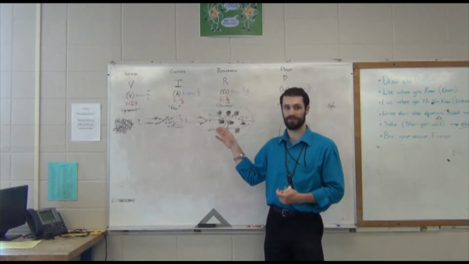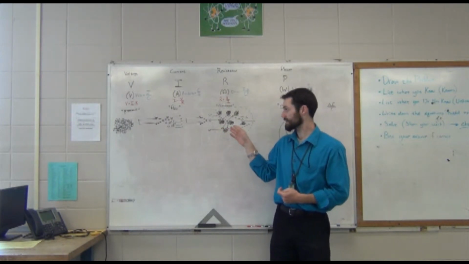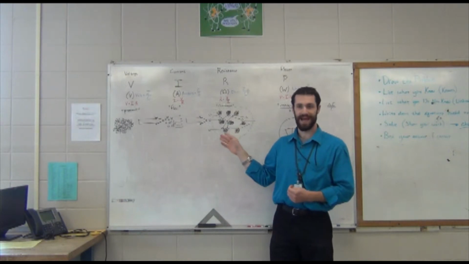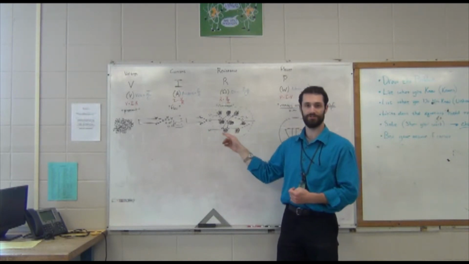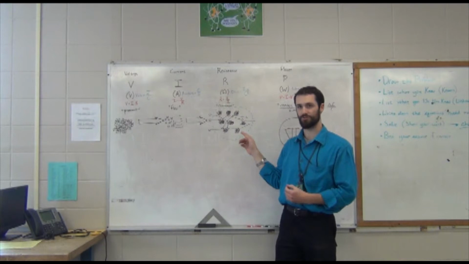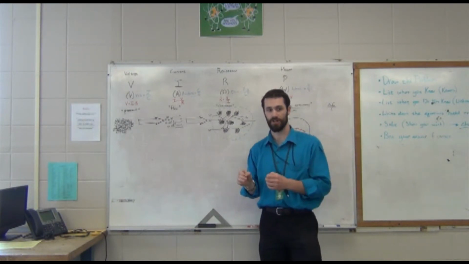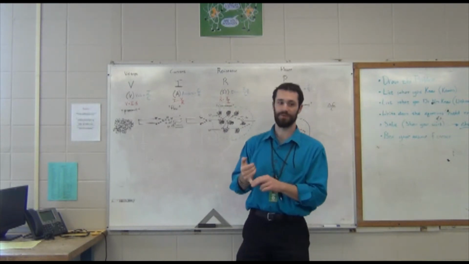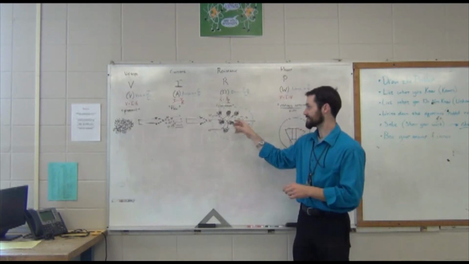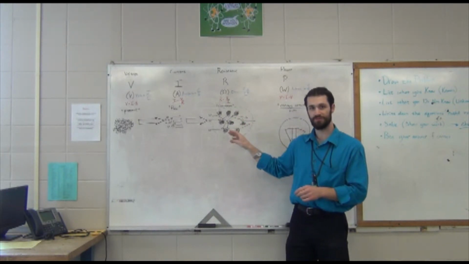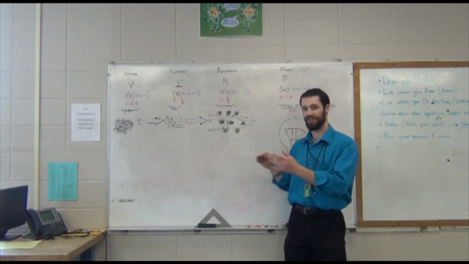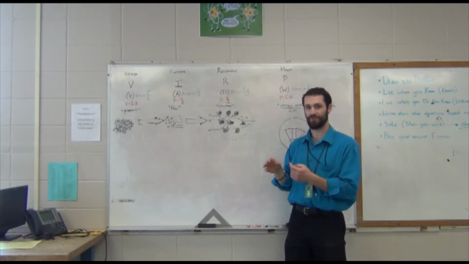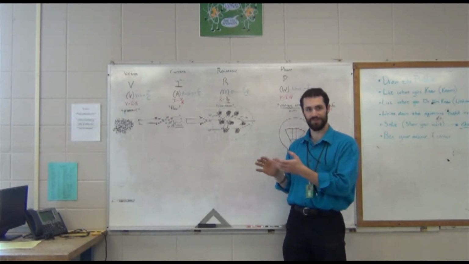A superconductor doesn't have this problem. The electrons can flow through a superconductor with little to no resistance at all. Usually this is a result of the temperature, because temperature is a measure of the average kinetic energy of the molecules within a substance.